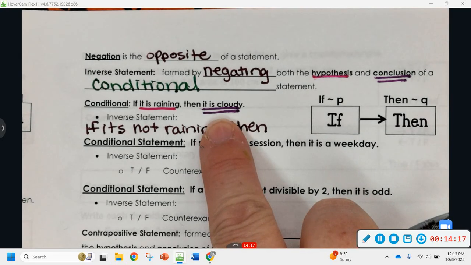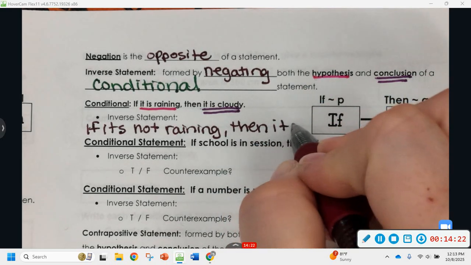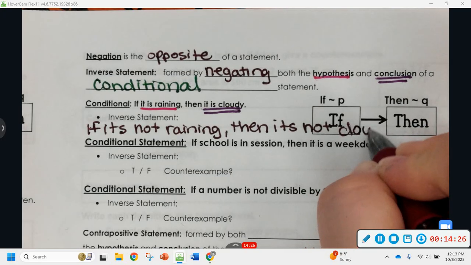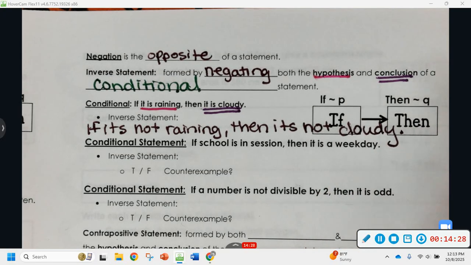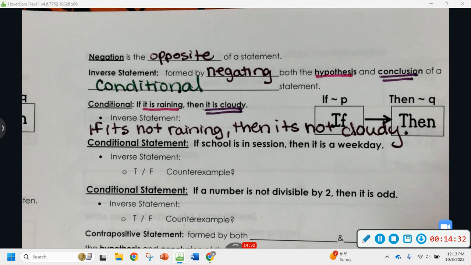So the opposite of it's cloudy would be then it's not cloudy. Okay, so let's try this again.